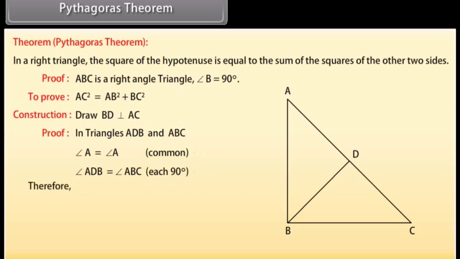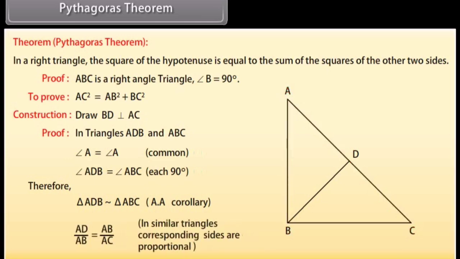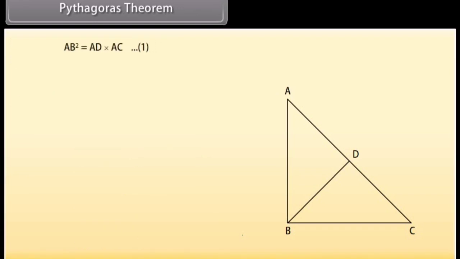Therefore, by AA corollary, triangle ADB is similar to triangle ABC, which implies that AD/AB equals AB/AC, because in similar triangles, corresponding sides are proportional. Or we can write it as AB square equals AD into AC, mark it as 1. Similarly, BC square equals DC into AC, mark it as 2.